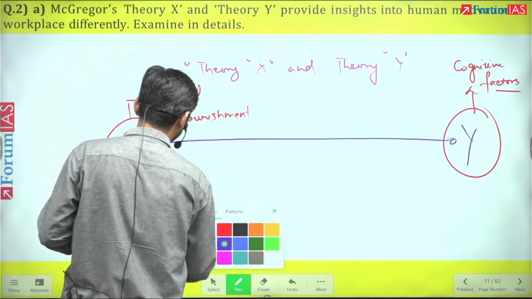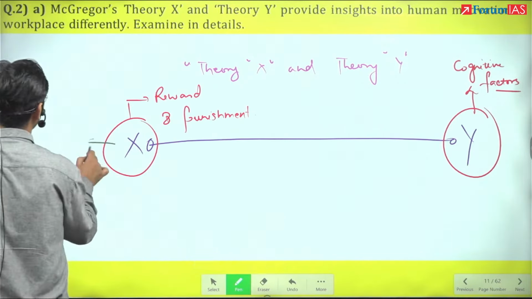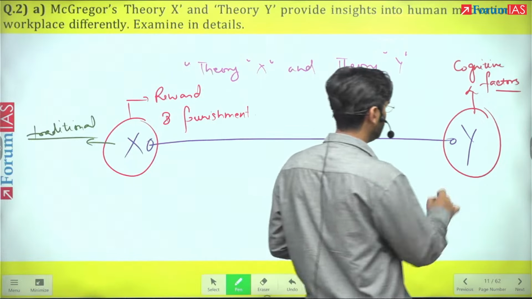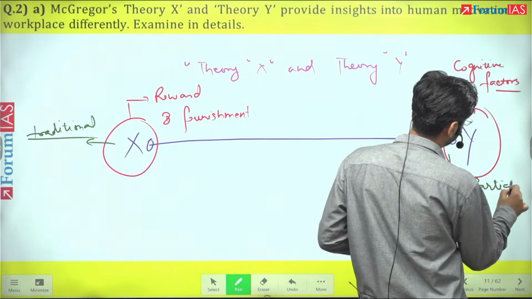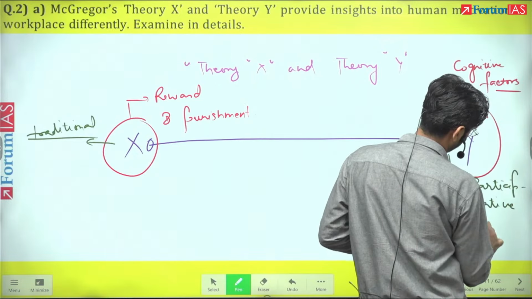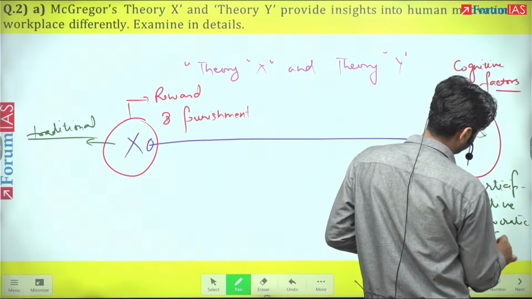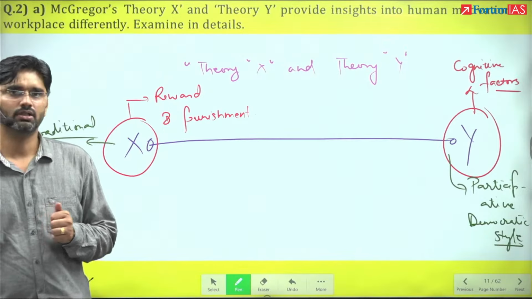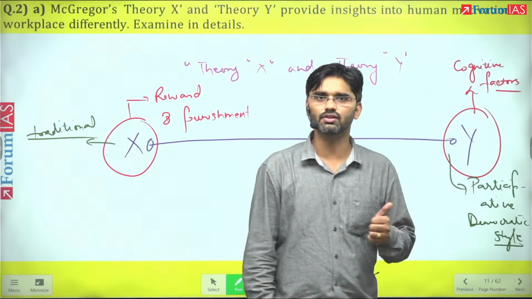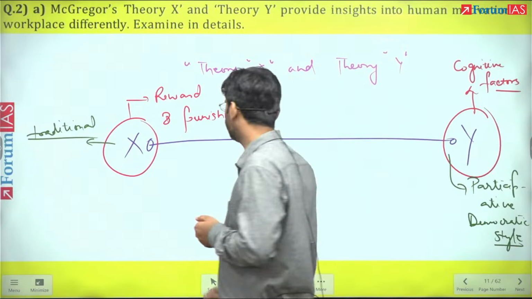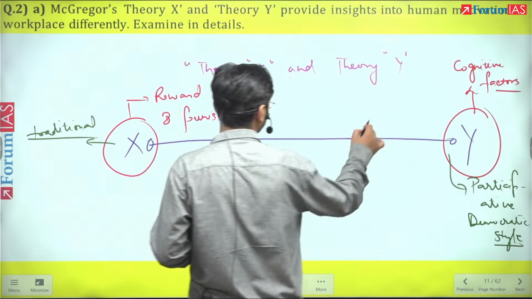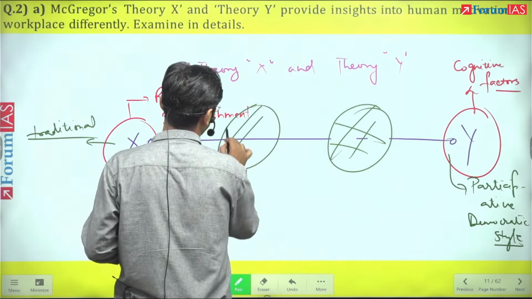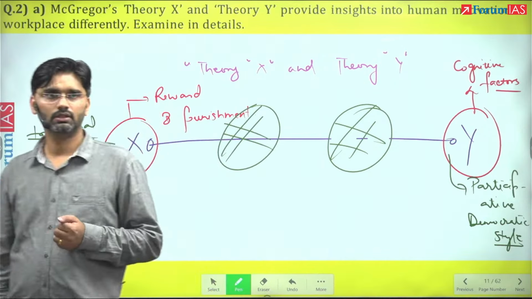So here, managers use the traditional way of management, since you need to examine in a detailed way, and here we see participatory democratic style of management. But in real life, organizations are not extreme. Organizations are either here or here. Right?